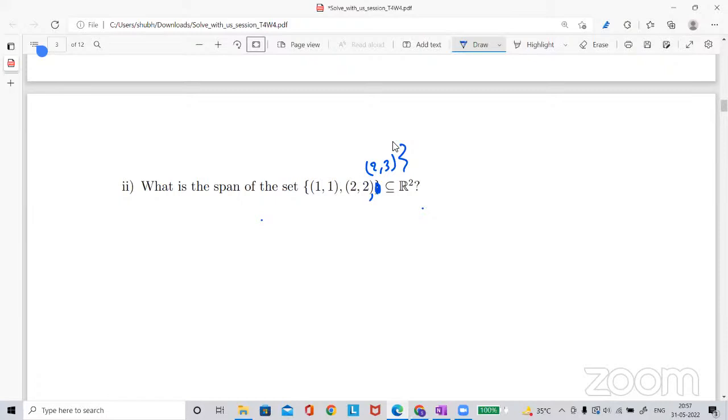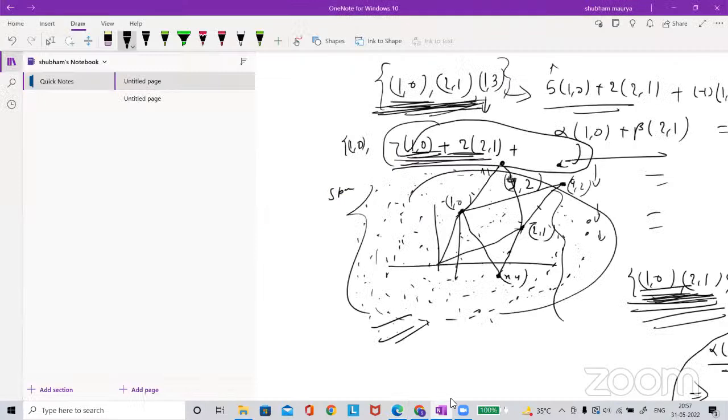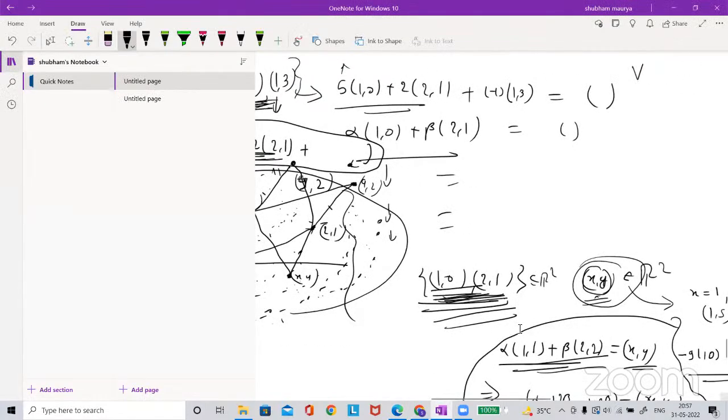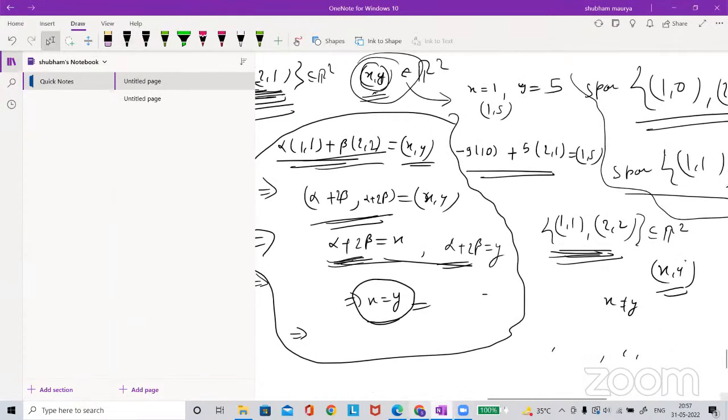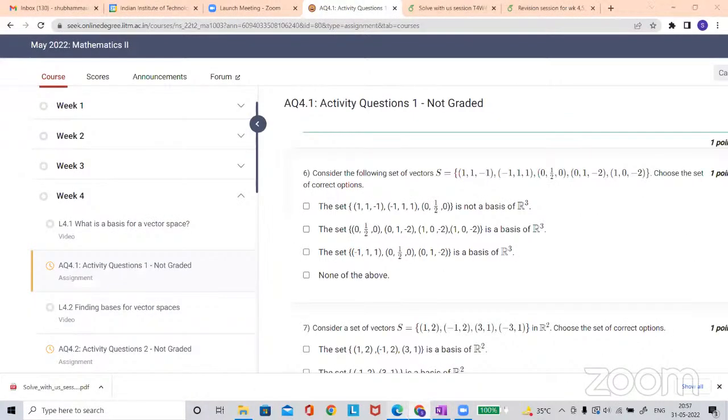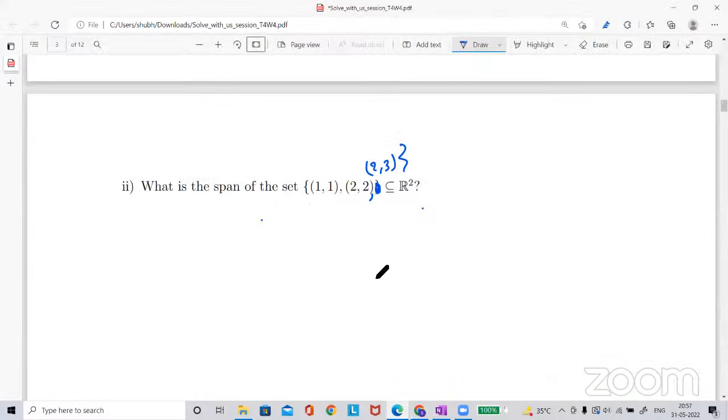Okay. Let me go with the same idea as I just did here. We will check whether that set spans whole R2 or what the span of this set is.